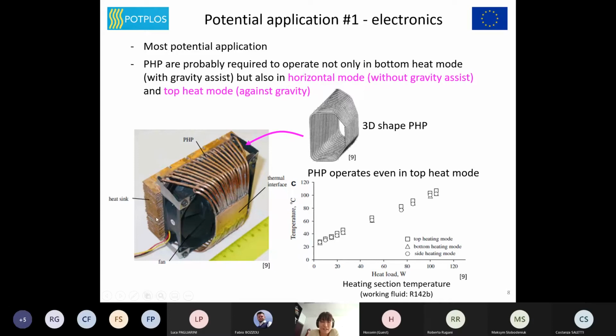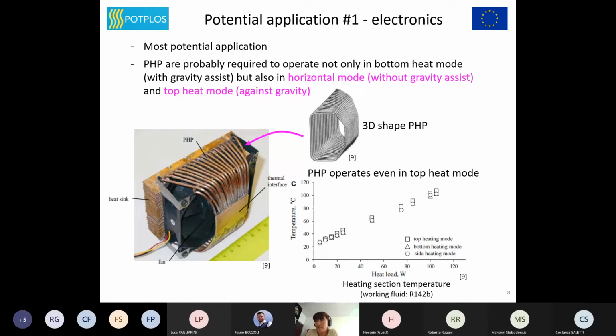In electronics applications, PHP will probably be required to operate not only in a bottom heat mode, which means the fluid circulation is supported by gravity, but also in a horizontal mode, which means there is no gravity assist, and in a top heat mode, which means the fluid should be moved against gravity.